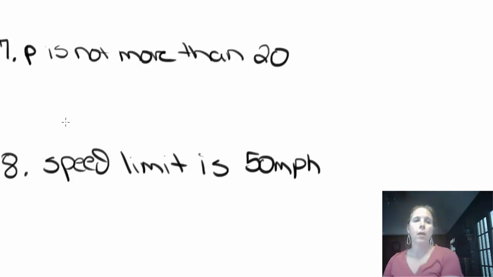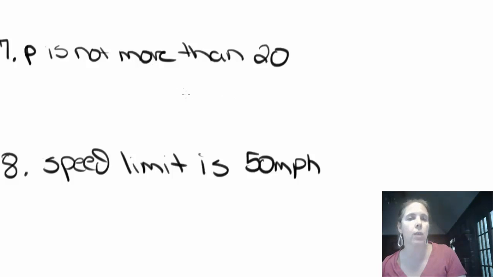Okay? I think these are our last two, actually. So now you have to come up with the inequality again. So P is not more than 20. Okay, so sometimes you have to really reread these and figure out what it is asking. P is not more than 20. So can it be more than 20? No, because it says it's not more than 20.